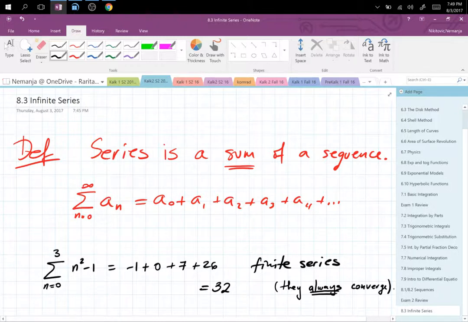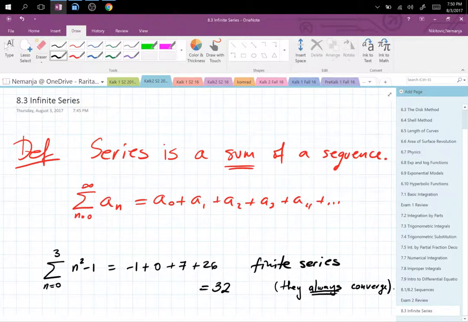And because they always converge, we don't study them. There's nothing to study there. It's just a bunch of numbers that are added, and depending on how many you have, you add them by hand or with the aid of technology. Done deal. The infinite ones are the interesting ones, because you can't sit there for eternity, we're not elves, adding all of these.